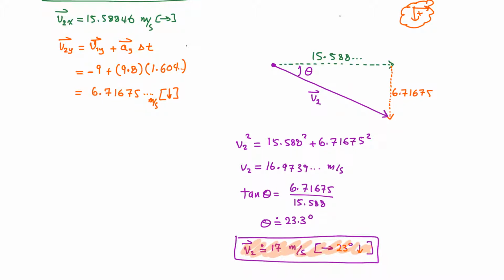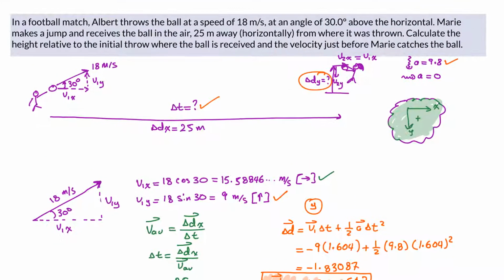Now, in terms of whether the answer makes sense or not, we always should check to make sure that our answer makes sense. 17 meters per second. Looking at the question, it was thrown initially at 18 meters per second, so it's caught at a little bit lower speed, which completely makes sense. If you look at the trajectory, it's going up here.